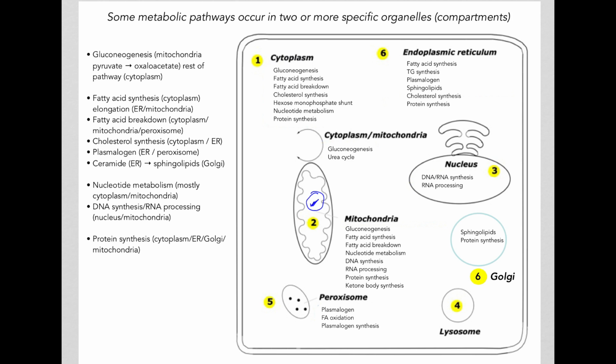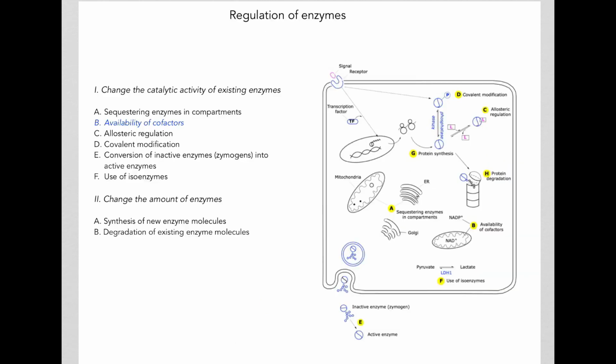Also, by having compartments, that allows another way to regulate metabolism, and that is by regulating the transport of either the substrate or one or more intermediates or the product across the compartment membrane. So this is one way by which cells can regulate metabolism, and that is by sequestering enzymes in specific compartments.